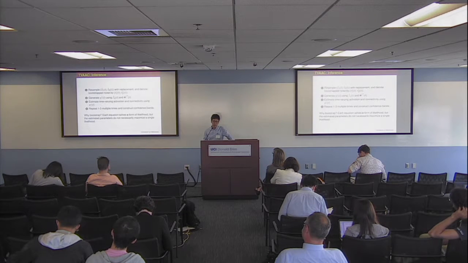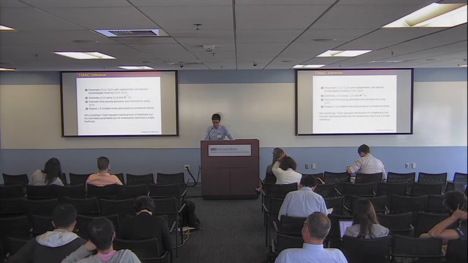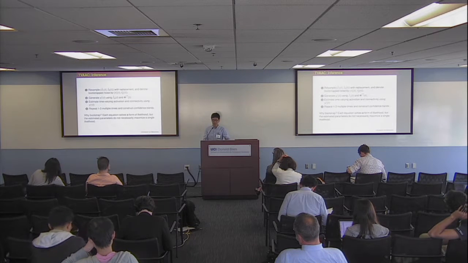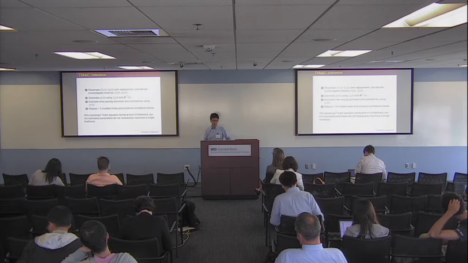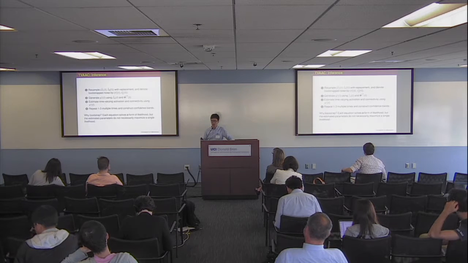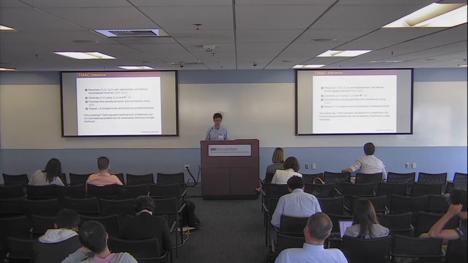The reason we are using bootstrap is that we are basically fitting four linear mixed models, two for the activation and two others for the TV bar processes. And each of them solves a form of likelihood, but the set of all the parameters all together does not necessarily maximize a single form of likelihood. So here we stick to the bootstrap.